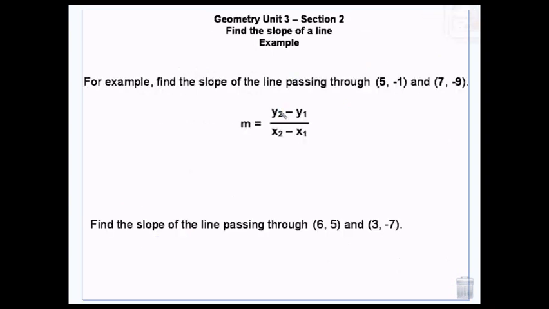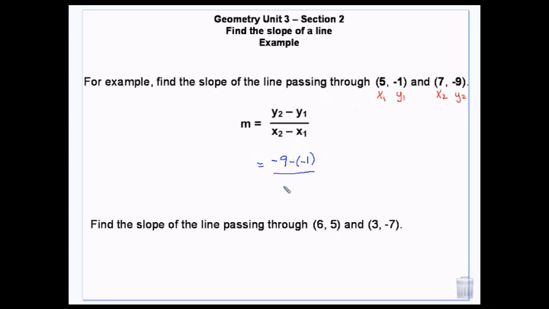The slope formula is: subtract the y's, subtract the x's, and divide if you can. So we have to assign one of these points as x1, y1, and the other as x2, y2. Do you want this to be x1 or this to be x1? 5 or 7? Okay. So that's x1, y1. This is x2, y2. So my slope is going to be -9 minus -1. Don't forget it's minus, and then this was already negative.